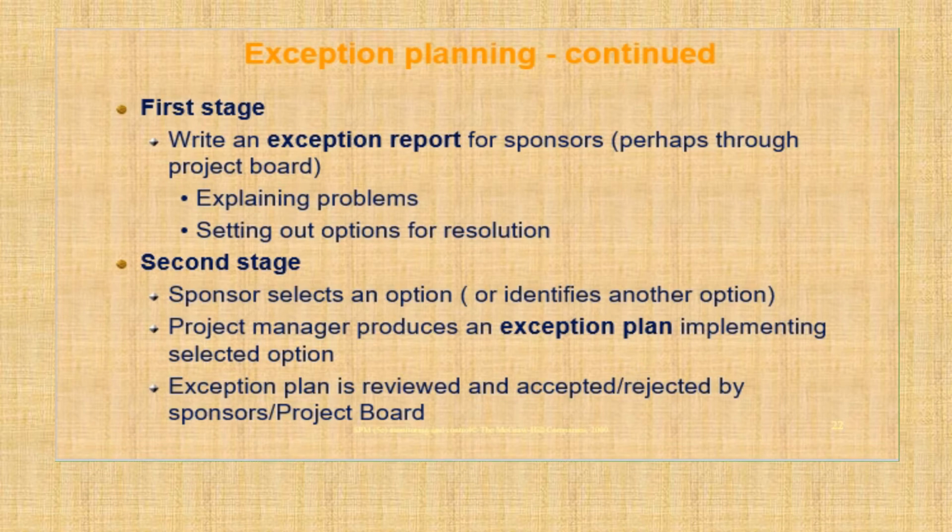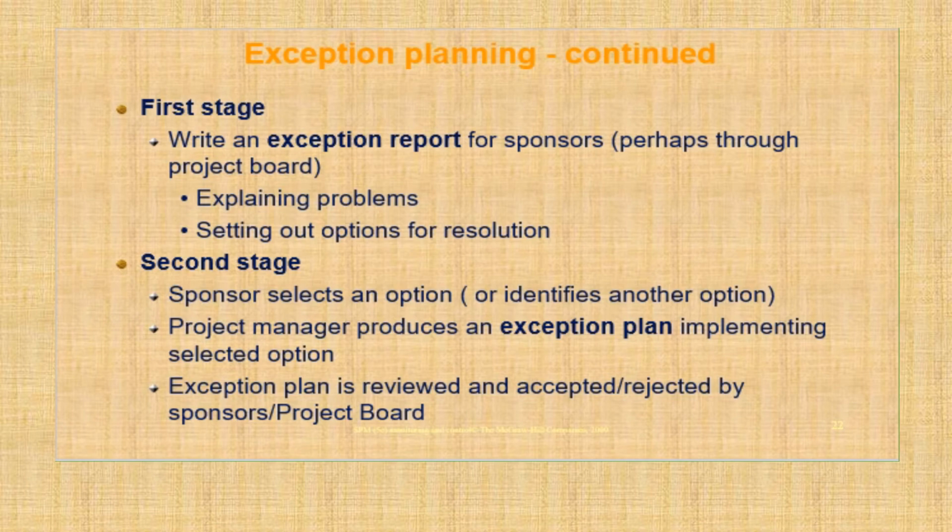This is the first stage. The second stage is that the sponsors are going to select one of the options, one of the alternatives. Why they accept that particular one depends upon the decision of the board members' confirmation. The project manager then produces the exception plan.